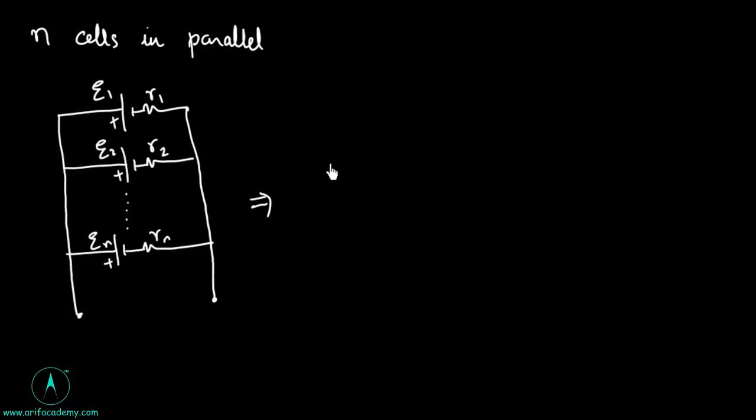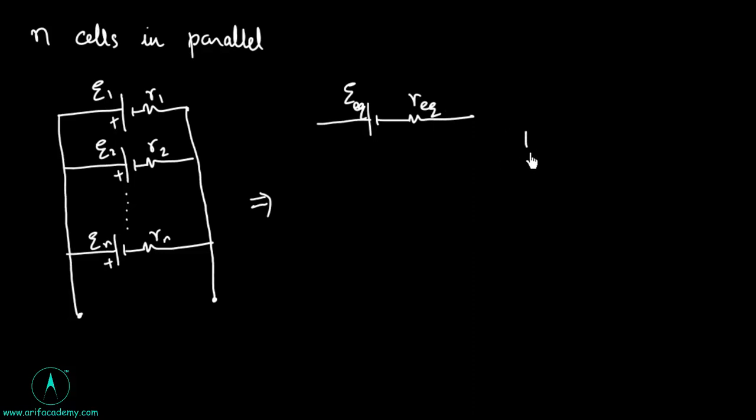So this n cell is replaced by an equivalent cell with R equivalent and E equivalent.